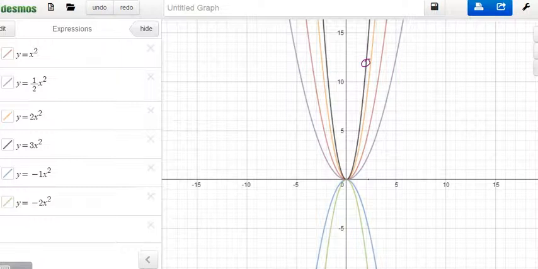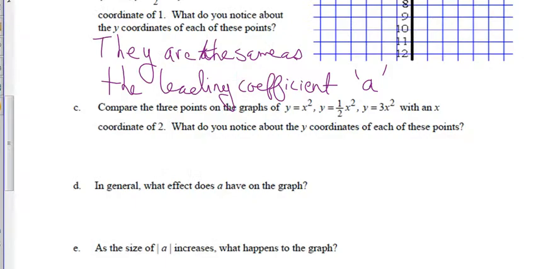How does that compare to what we were comparing it to? What do you notice about the y coordinates of each of these points?